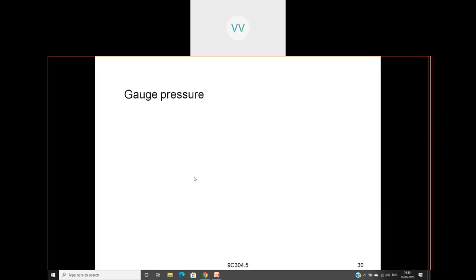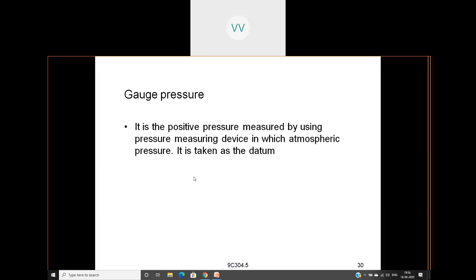Now coming to the gauge pressure, the pressure which is positive. It is the positive pressure measured by using a pressure measuring device in which atmospheric pressure is taken as the datum. So the gauge pressure is measured above the atmospheric pressure.